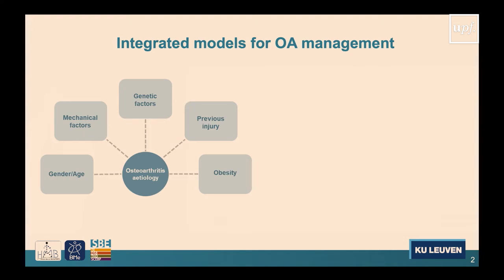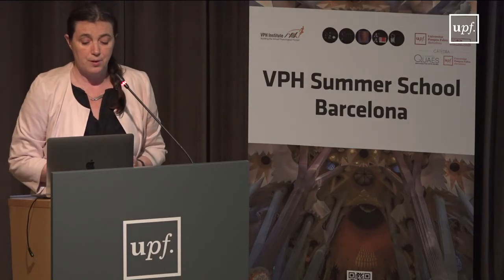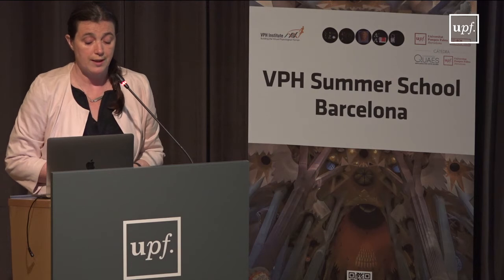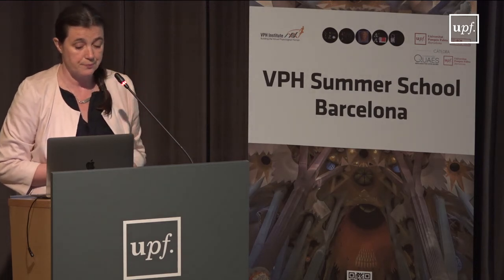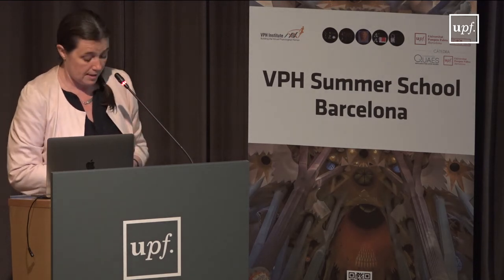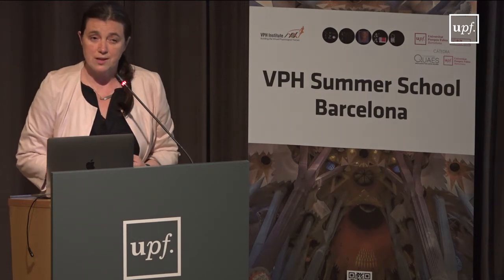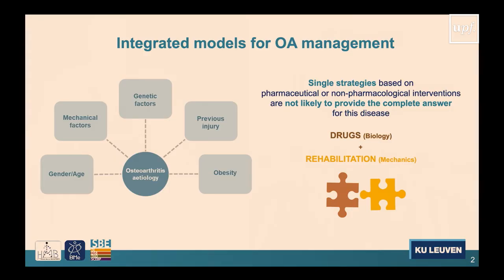Now, we do know that osteoarthritis is a multifactorial disease that is affected by not only mechanical factors, but also genetic factors, obesity. There are problems with gender, age. All of these are contributing to the etiology of osteoarthritis. That means that at the moment we are quite convinced that a single strategy to tackle this problem will not really be the complete answer.